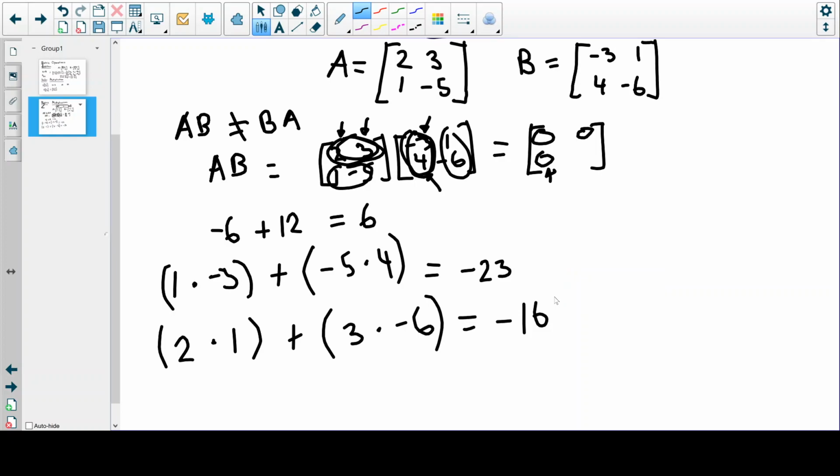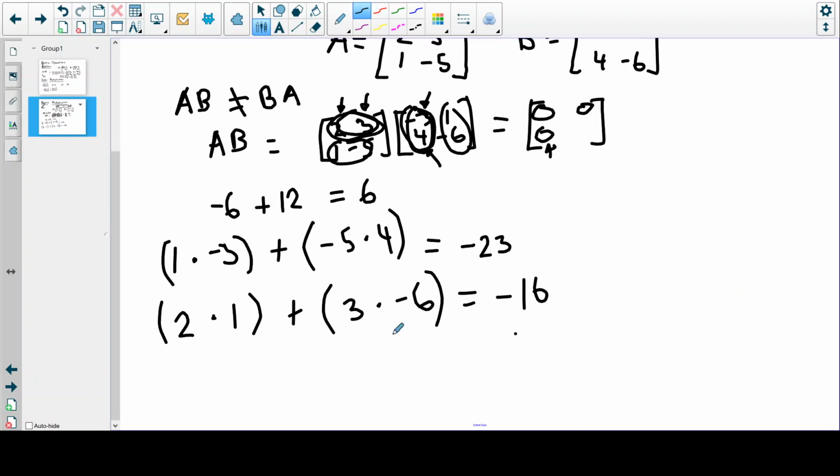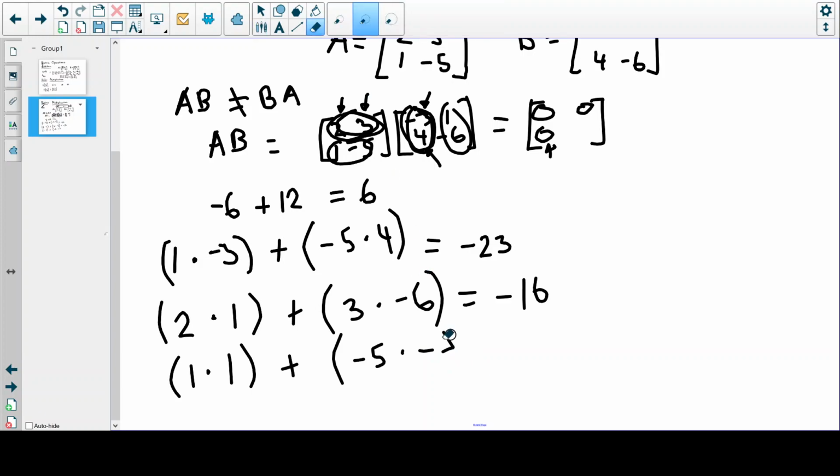And then this last element is going to equal the bottom row of the first and the last column of the second. So that's going to be 1 times 1 plus -5 times -6. Oh, that didn't turn out well.